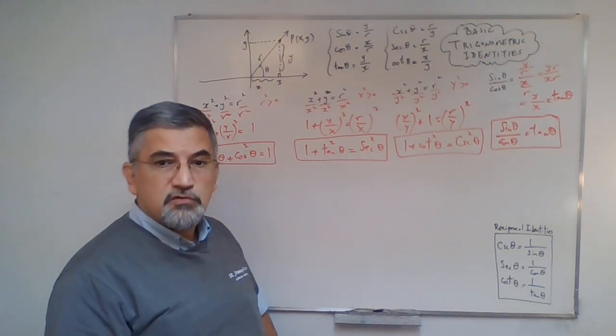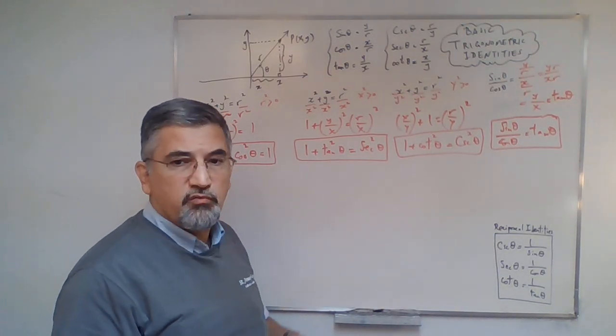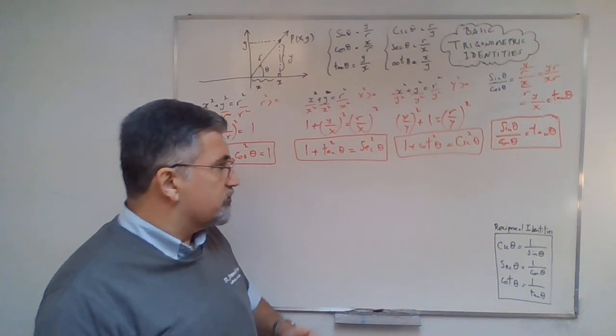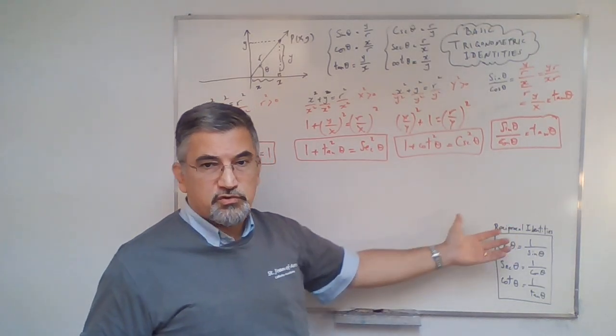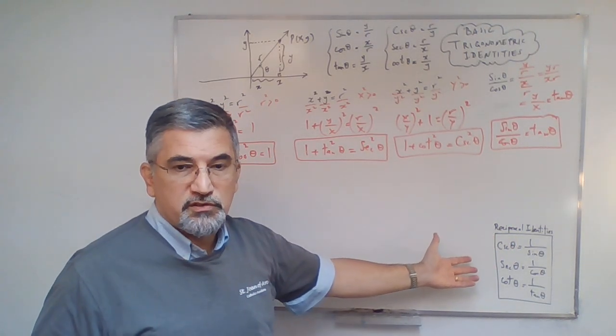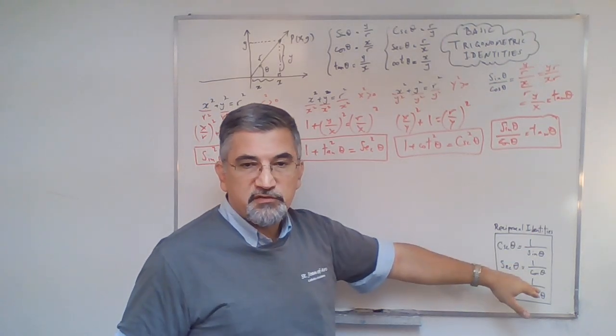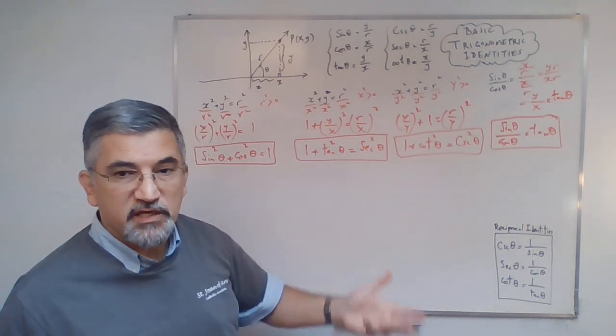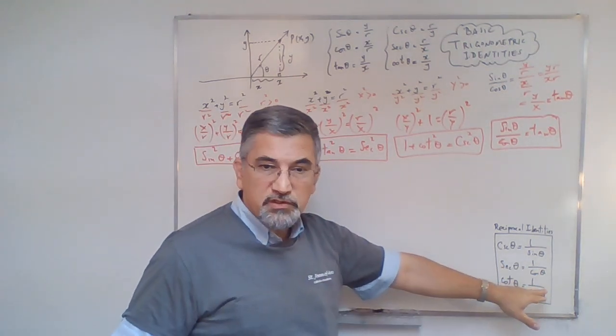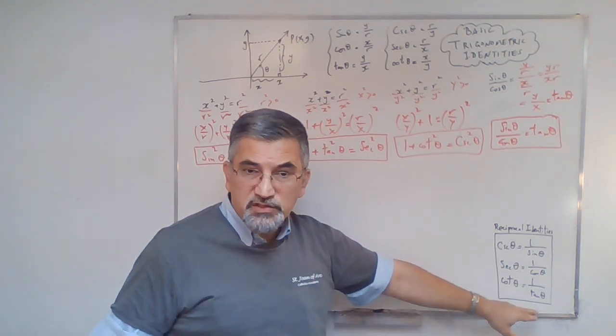Now, other than this, there are more identities, and we can derive one after another. We have reciprocal identities, which are very obvious. They're basically definitions. Cosecant of theta is 1 over sine of theta, because the cosecant ratio is the reciprocal of the sine ratio. Secant theta is 1 over cosine theta. Cotangent theta is 1 over tangent theta.